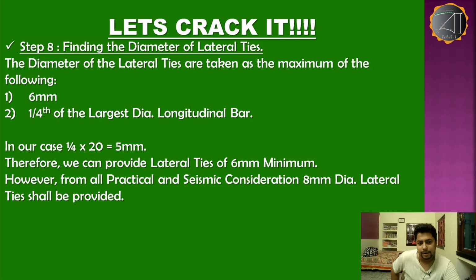Step 8, finding the diameter of the lateral ties. The diameter of the lateral ties is taken as the maximum of the following: 6 mm or 1/4 of the largest dia longitudinal bar. In our case, the largest dia longitudinal bar is 20 mm, because we are only using one single diameter bar, so 1/4 of 20 mm is 5 mm. Suppose we are using 16 and 20 mm, then we have to take the 20 mm value for finding out criteria 1/4 of the largest dia bar.